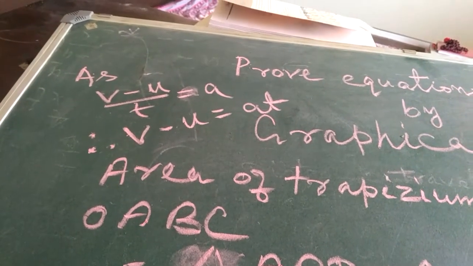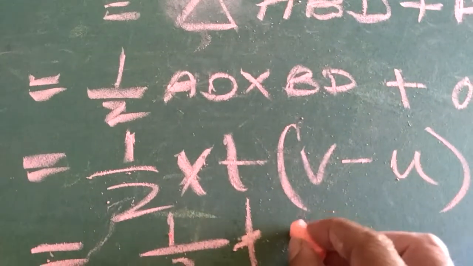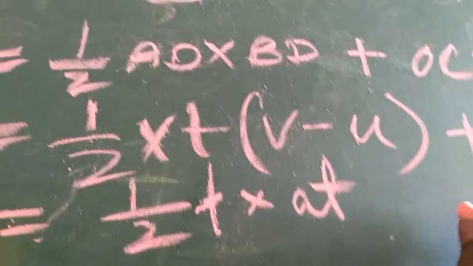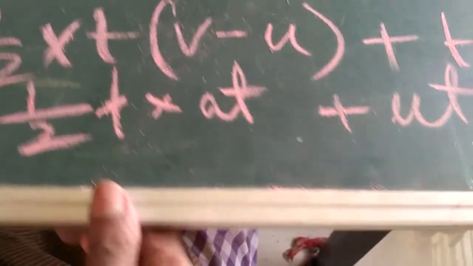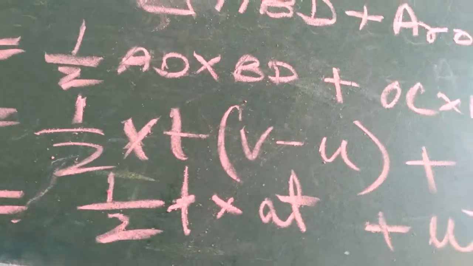So half into T was here already, and V minus U equal to AT, plus UT was also already there. If you write this all together, what do you get?